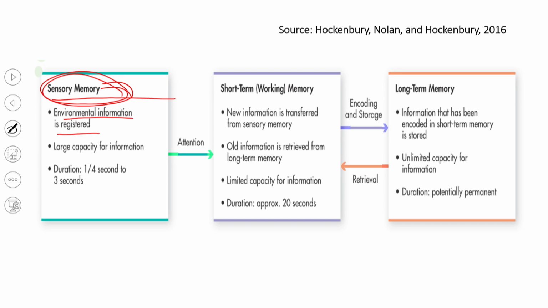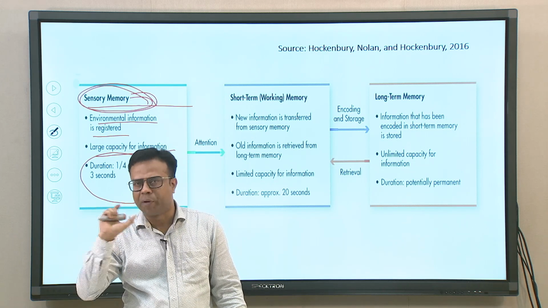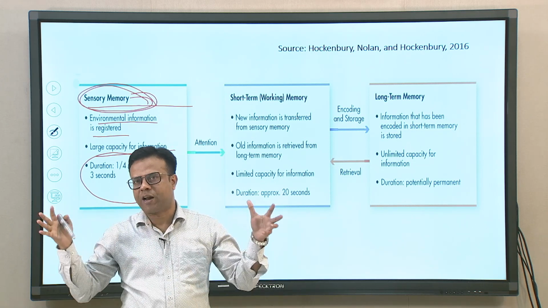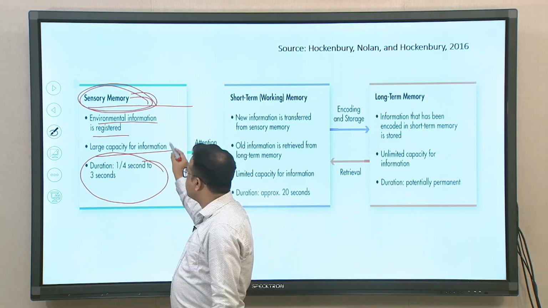It has a large capacity, it can capture a lot of information, but the duration is very small, less than 1 second to 3-4 seconds. Our sense organs can capture a large amount of information, but only for a very brief moment of time. We will talk about it in more detail. So, this is the first step.